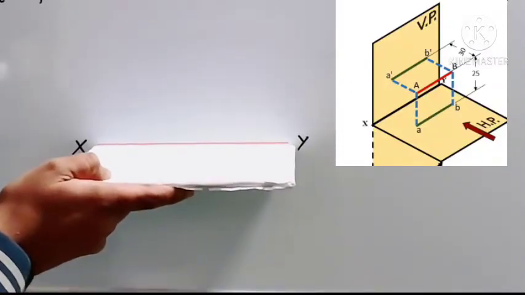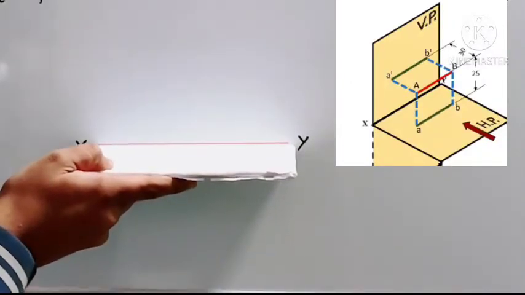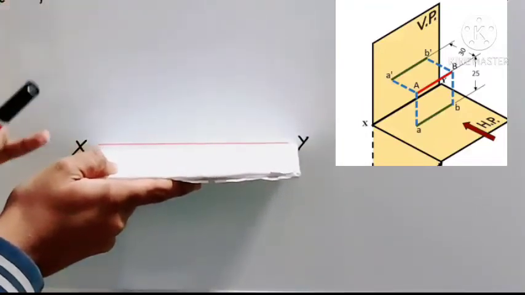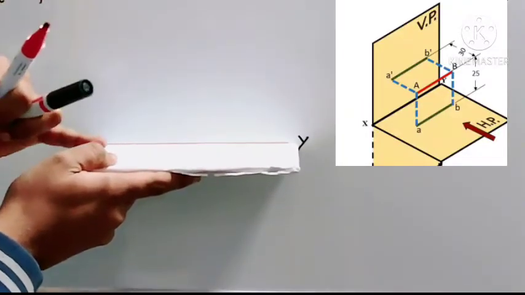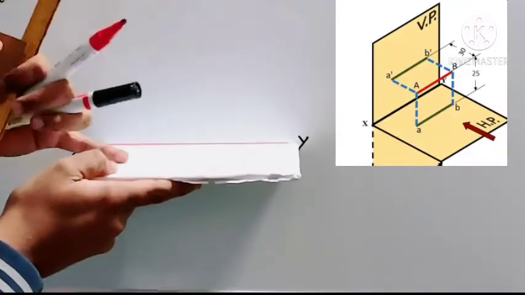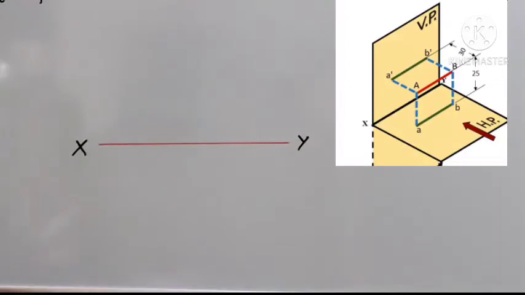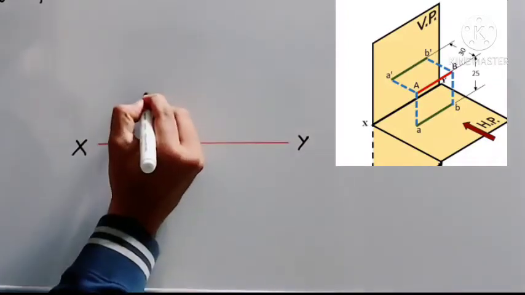So when you are drawing the front view, the horizontal plane will look like a line, and from there 25 mm you need to position the point A, which is given. So mark that.